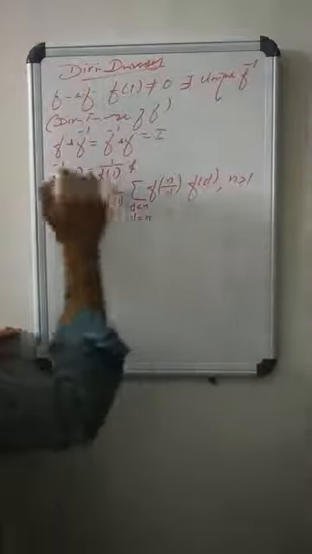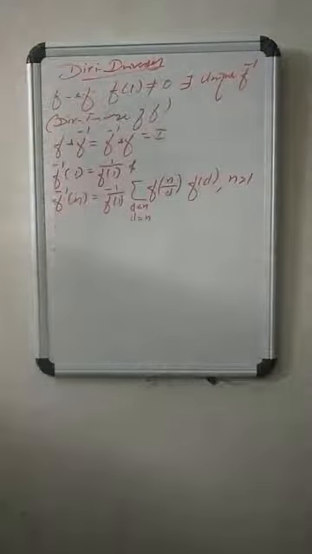When n equals 1, f inverse of 1 is 1 by f of 1, and when n is greater than 1, f inverse of n equals minus 1 by f of 1 into the sum over d dividing n with d less than n, of f of n by d times f inverse of d.